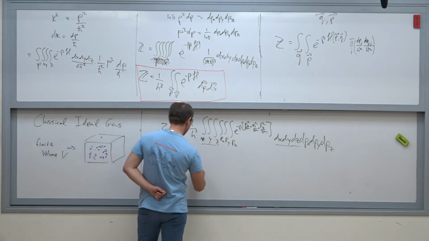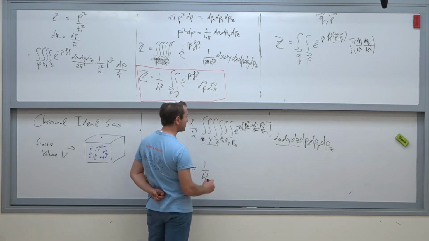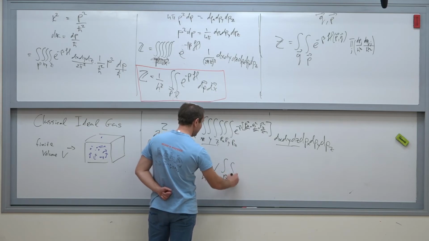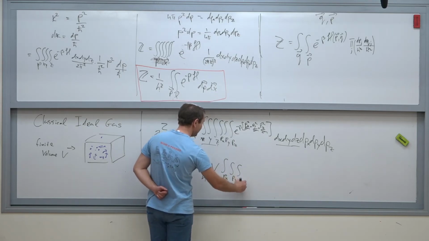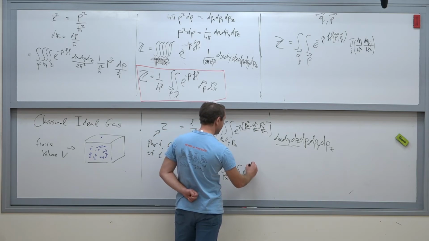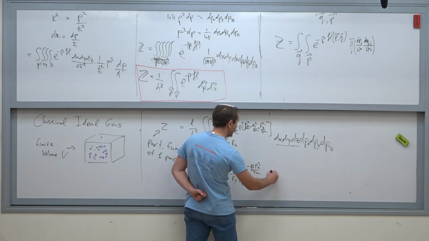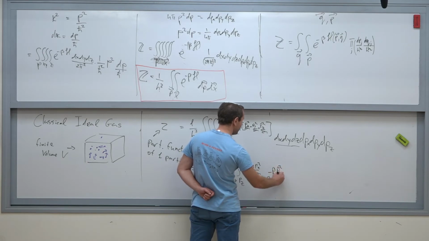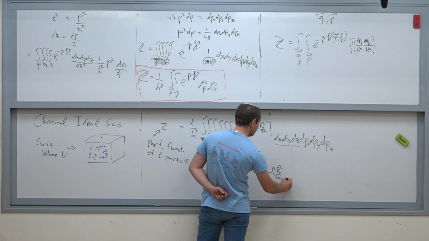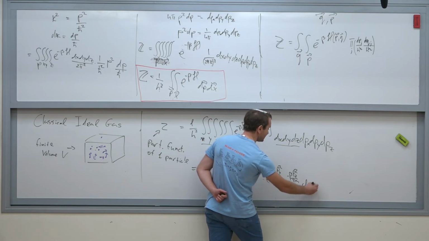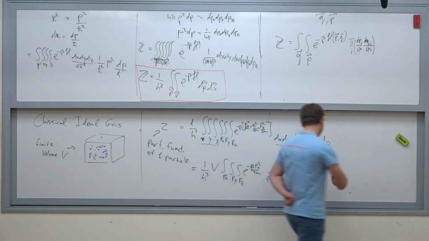So it equals 1 over h to the third power multiplied by V, and an integral of px, py, and pz of e to the minus beta px squared divided by 2m multiplied by e to the minus beta py squared divided by 2m multiplied by e to the minus beta pz squared divided by 2m, dpx, dpy, and dpz.